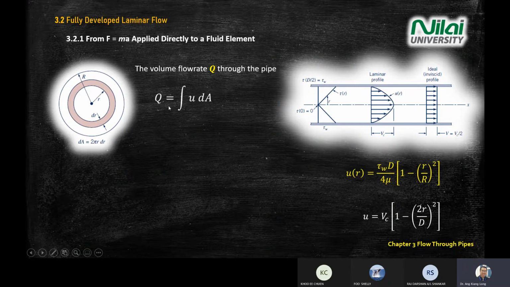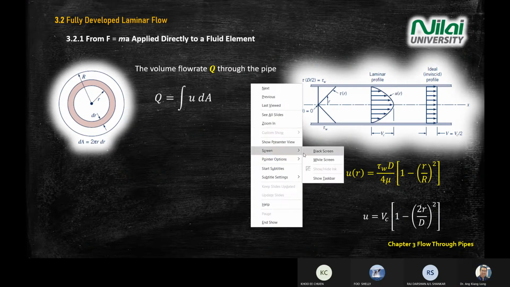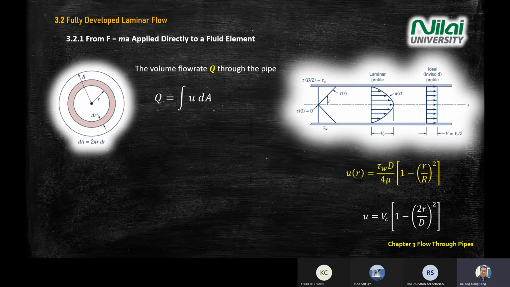So recall the definition of Q. Q equals velocity times area. Previously you looked at this when you studied m dot. m dot equals rho A V, rho Q. So AV equals Q. When you want to calculate Q by using the diagram on the left, you integrate the velocity times dA, u times dA.